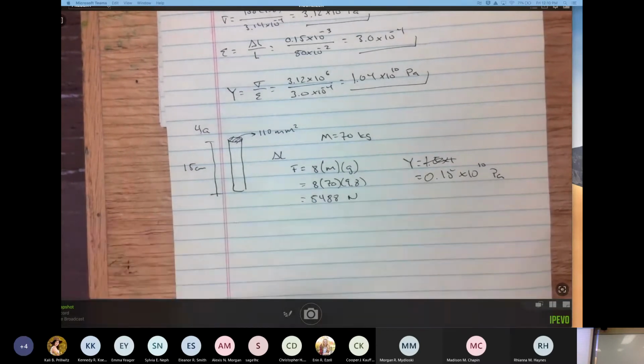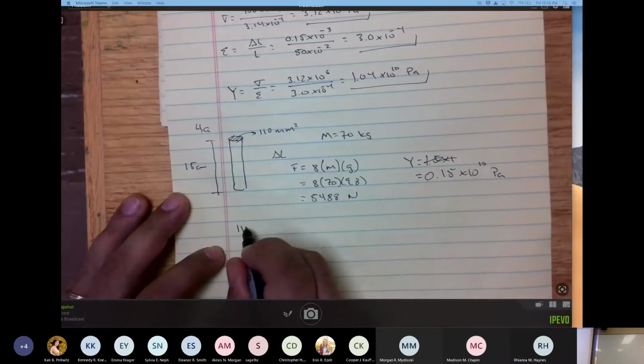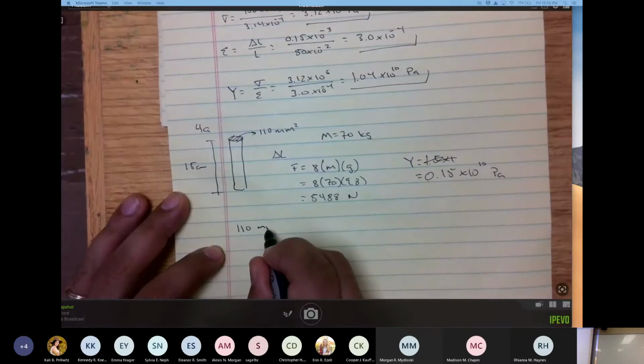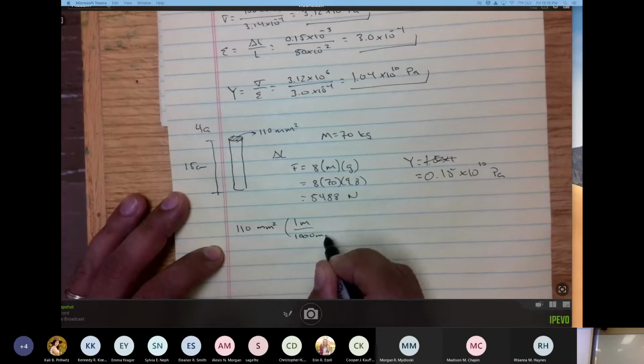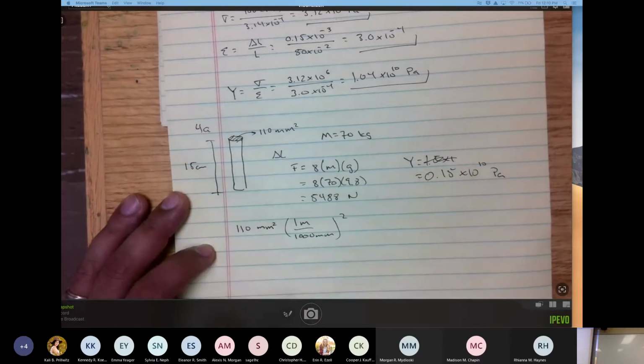The area, we need to convert from millimeters squared to meters squared. So 110 square millimeters, I know that 1 meter is 1,000 millimeters, so I square that.